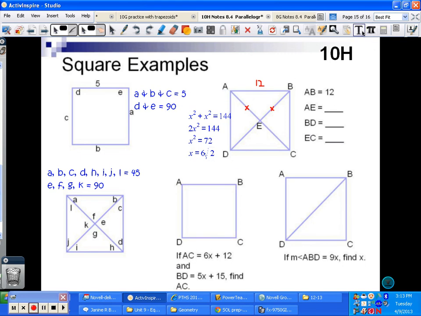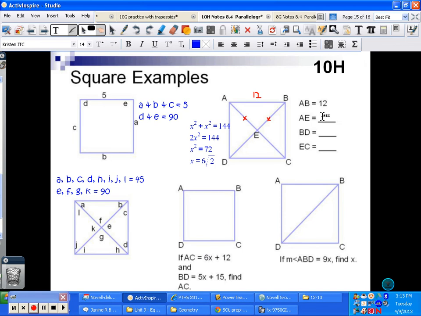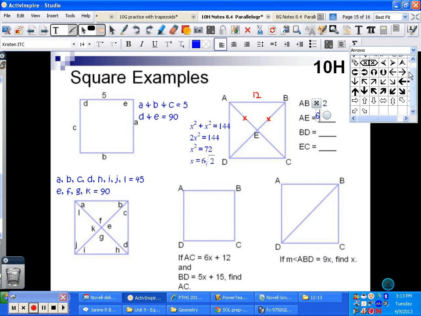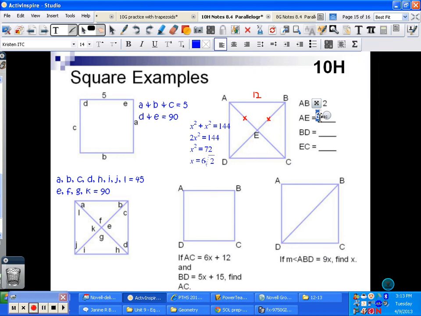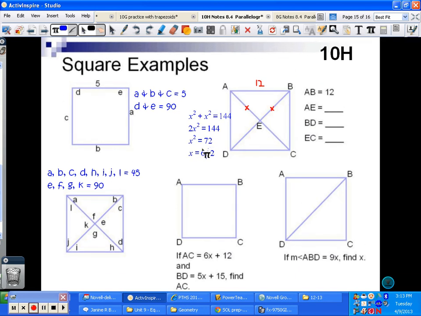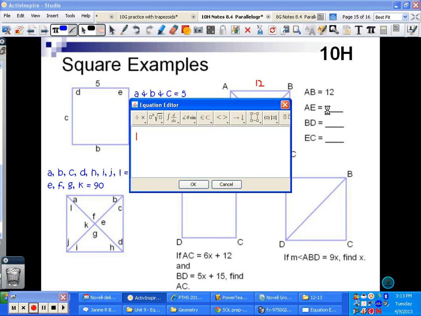So given that, we can fill in the rest of our blanks here. AE, that is our 6. Alright, so we'll go ahead and just put it in. That's 6 times the square root of 2.